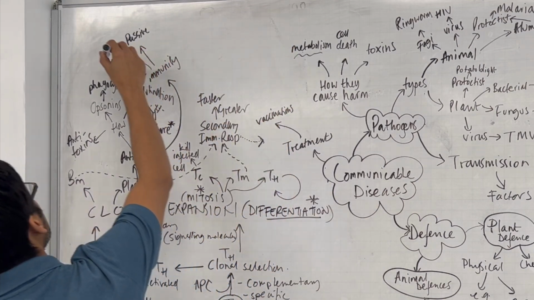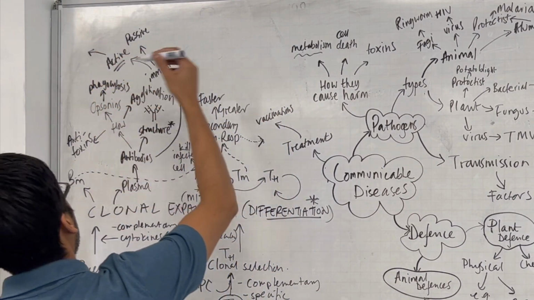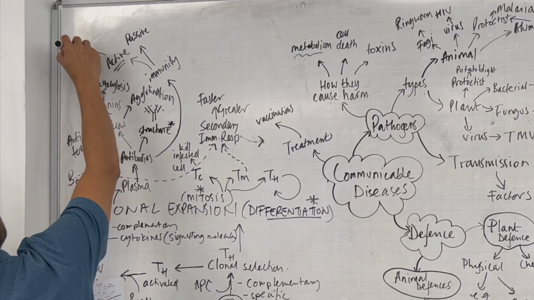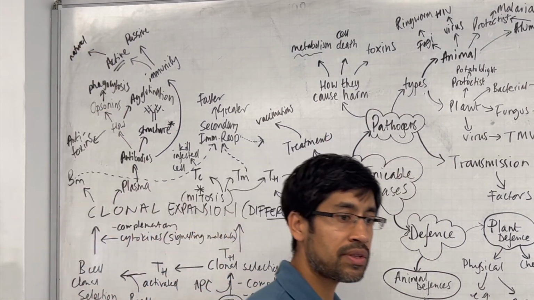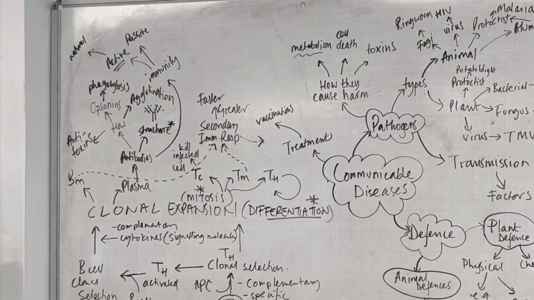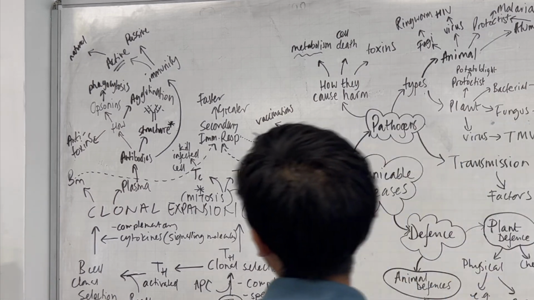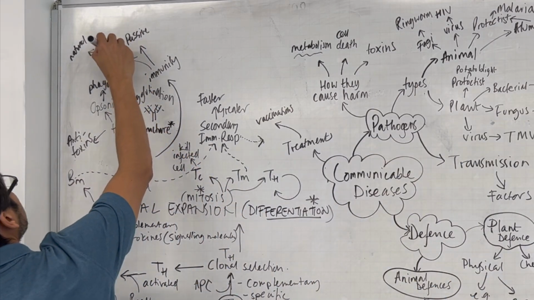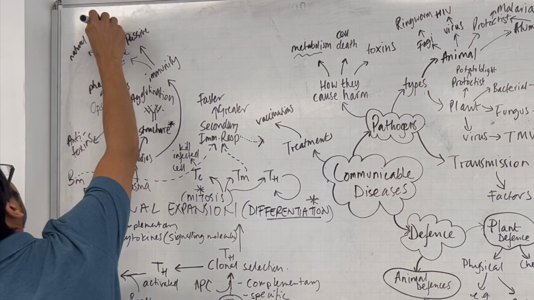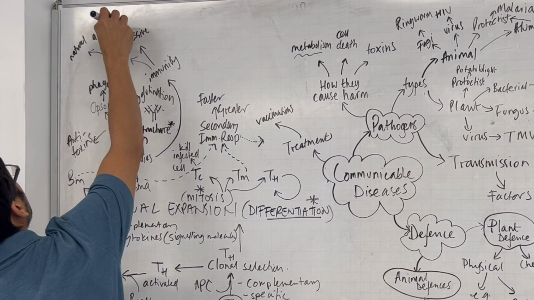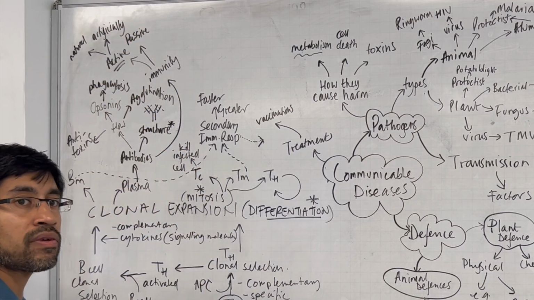Okay? But active can have happened in a natural way, through natural processes in the life cycle of an organism. But active might also have happened artificially, through a vaccine, for example.